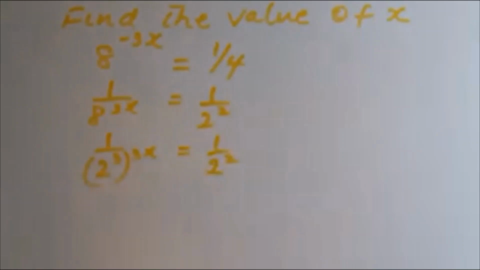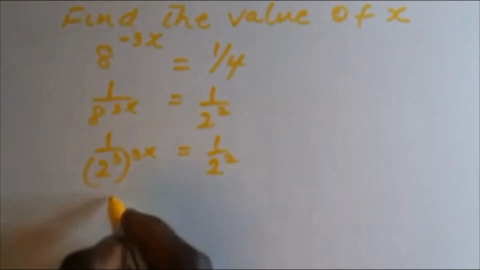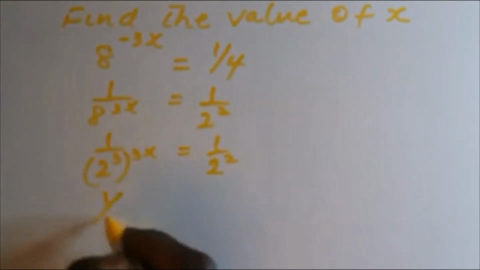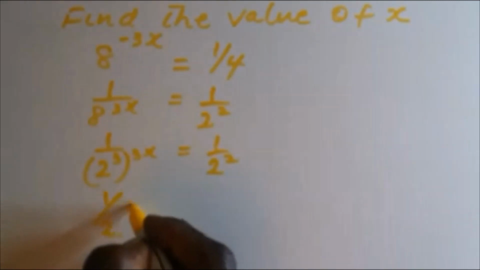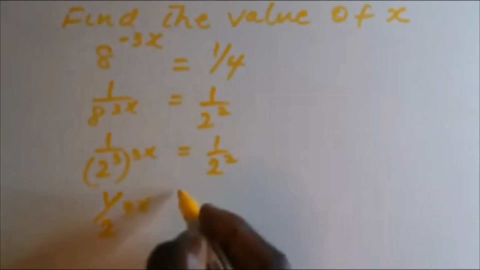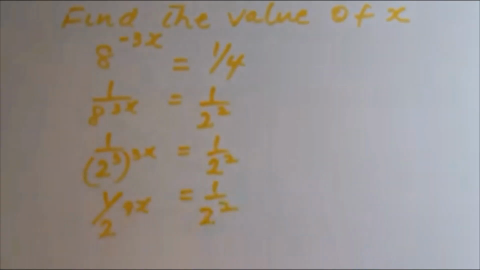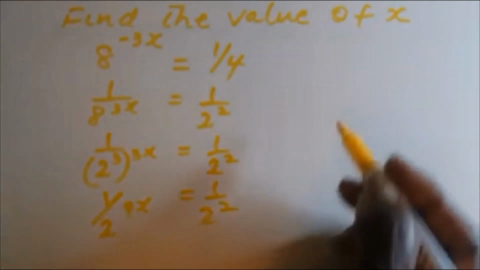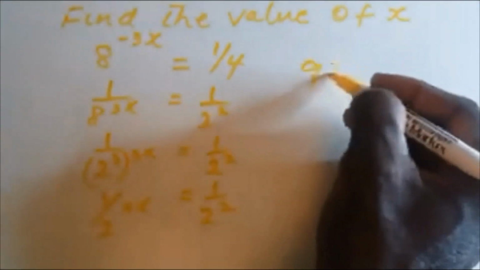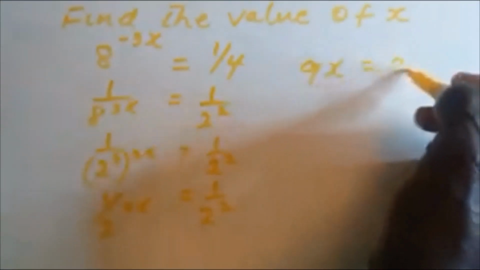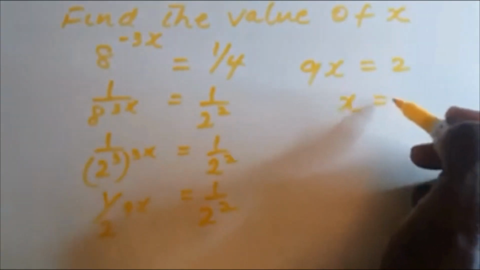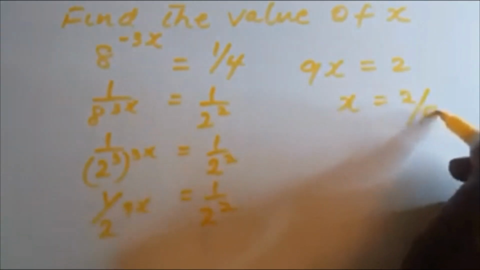Now when we close the brackets, we have 1 over 2 to 9x, and that's equal to 1 over 2 squared. If we equate indices in the denominator here, we have 9x is equal to 2, so x must be equal to 2 over 9.